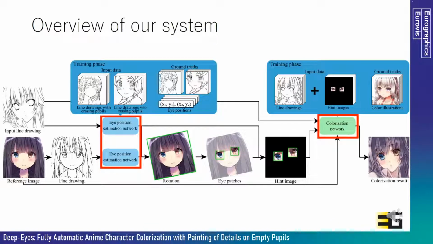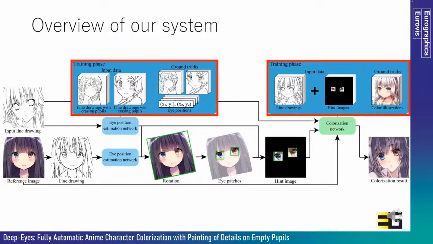We combine the colorization network with the eye position network to colorize automatically and accurately. These blue rectangle areas show datasets for our networks.